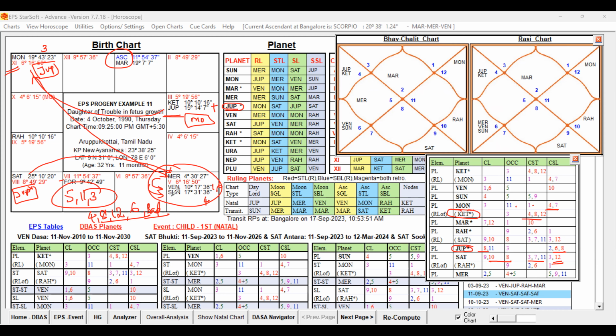That 7th lord also got into trouble and the divorce happened. Now the 5th house will also be in trouble, and there is some problem in the longevity of the child. The longevity of the marriage prospects is weak. Longevity of the 5th house is also in trouble.